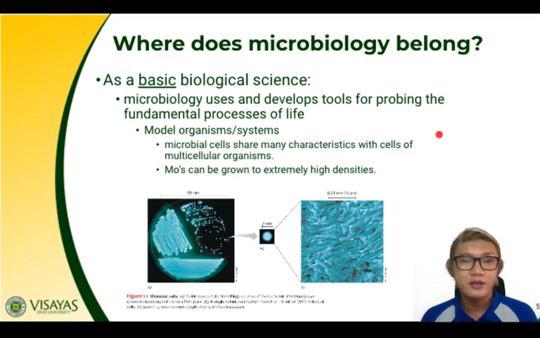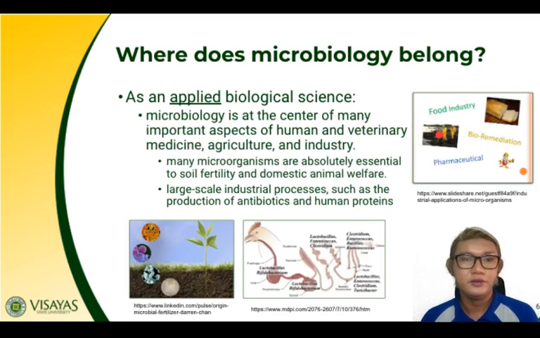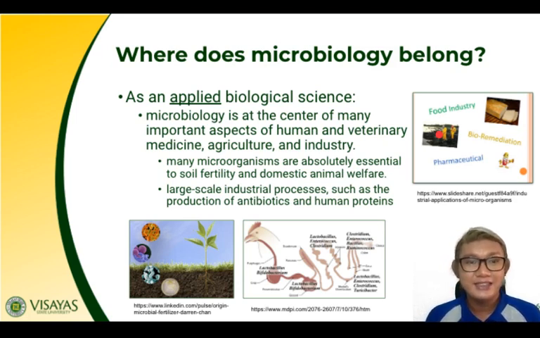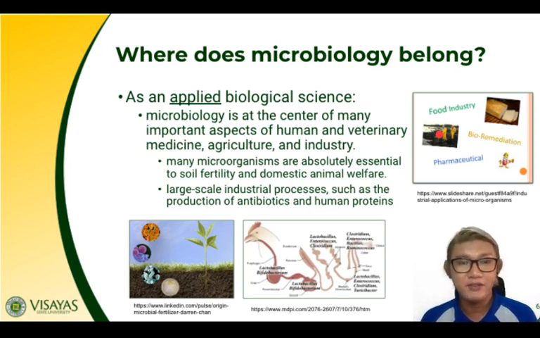Many microorganisms are used as model systems because basically they're very easy to cultivate in the laboratory. So they can be grown to extremely high densities. Now, microbiology could also be considered an applied biological science because it is at the center of many important aspects of human and veterinary medicine, in agriculture, and in industry.